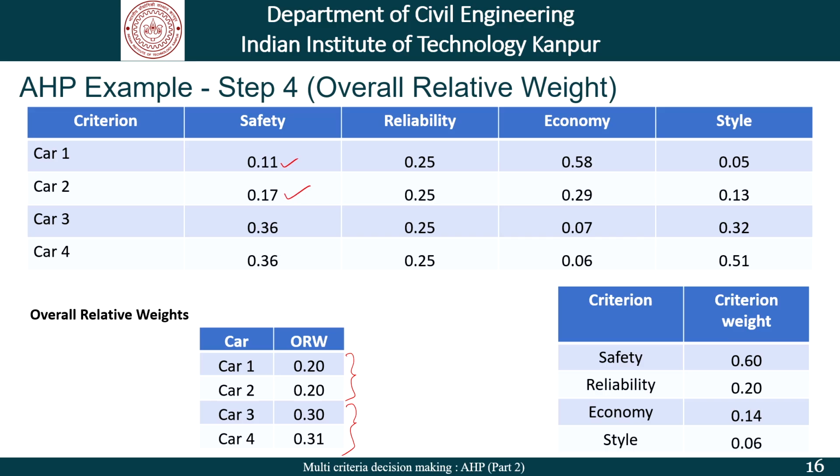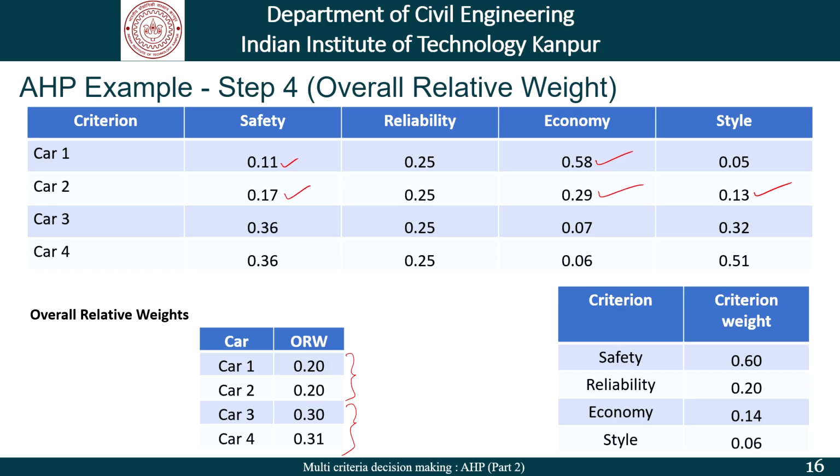However, when it came to economics, car 1 actually performed better than car 2. The way we had given weights, we feel that car 1 is more economical compared to car 2. Also, in terms of style, car 2 was better than car 1.